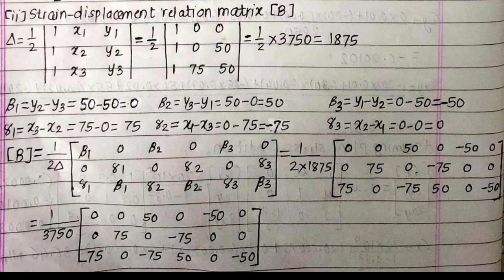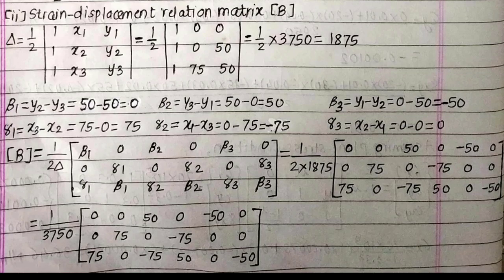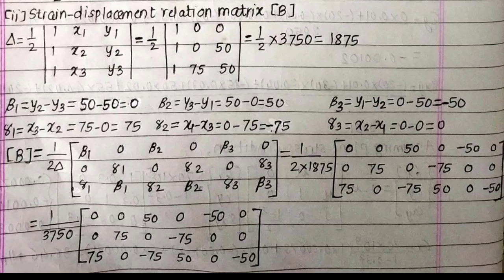So I will get its value equal to 1 divided by 3750 into the matrix: 0 0 50 0 minus 50 0; 0 75 0 minus 75 0 0; 75 0 minus 75 50 0 minus 50.